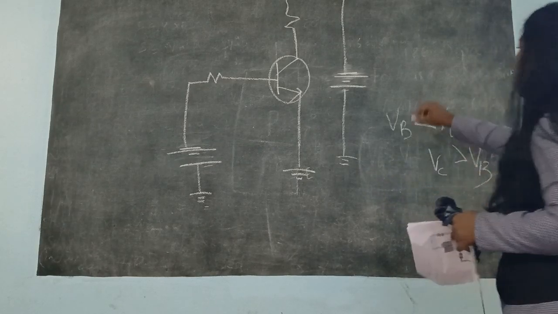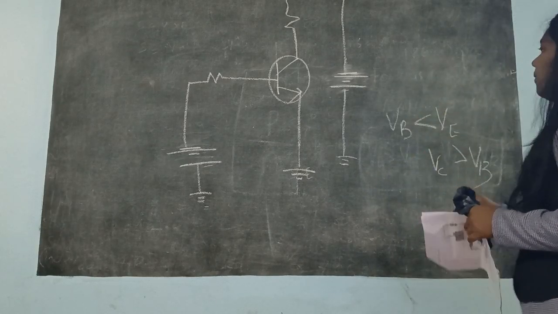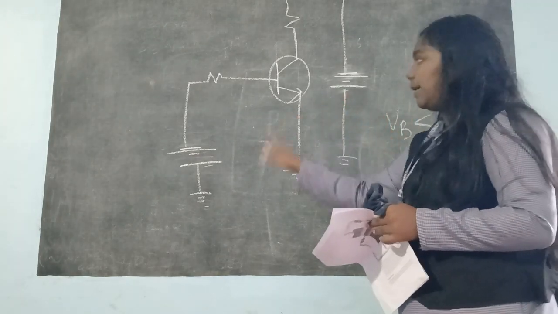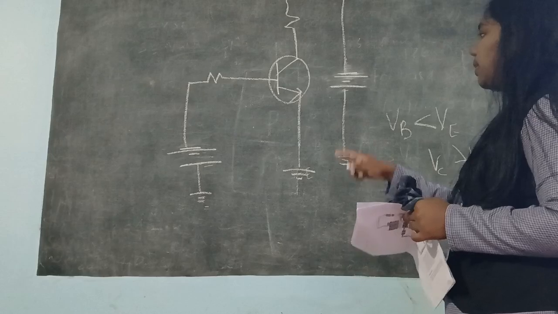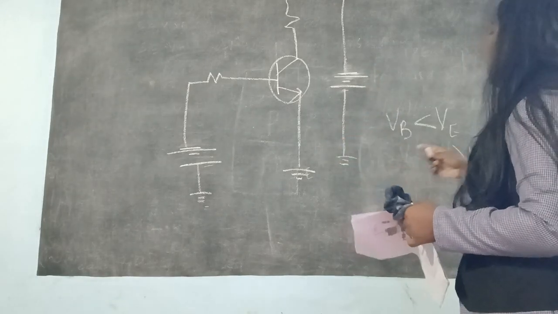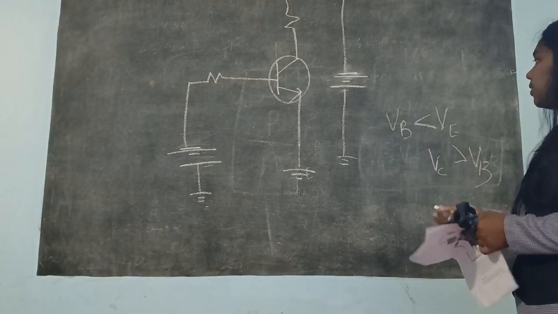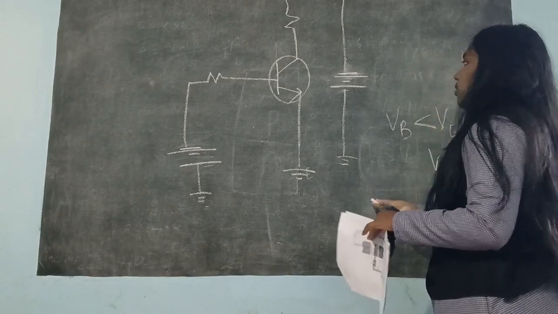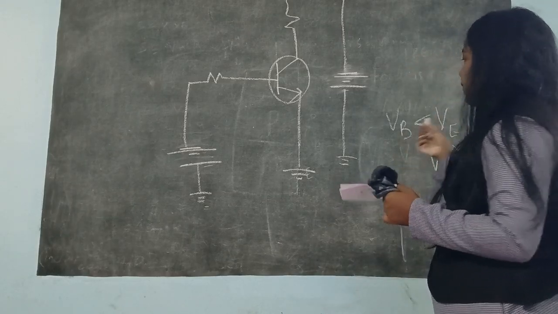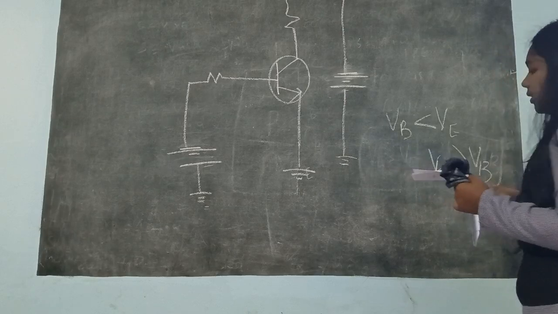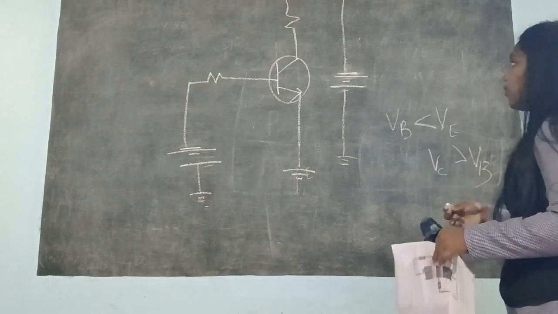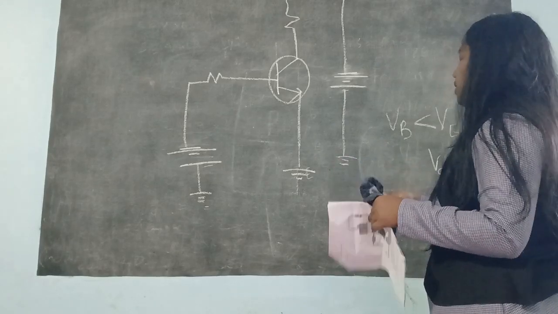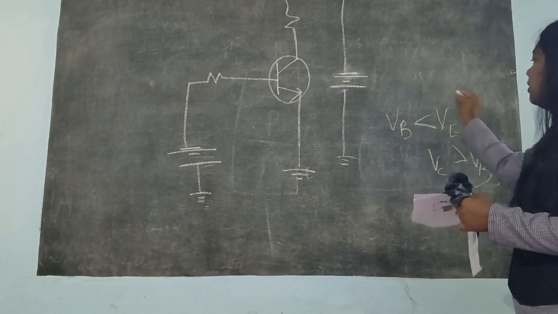At this condition, that is when both the emitter and the collector junctions are reverse biased, the transistor is in cutoff region. That is, it works as a switch. And when the collector is reverse biased and the emitter is forward biased, it is in the amplification condition. That is, it works as an amplifier.